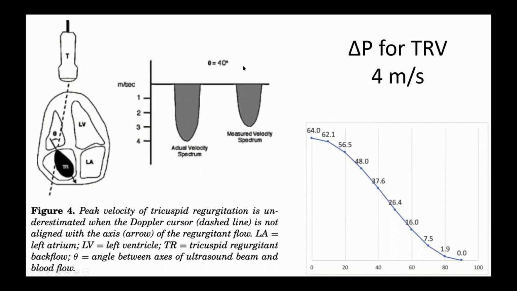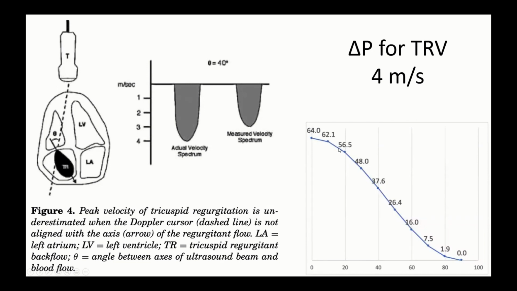And if you look at the cosine of theta, or the graph of cosine theta, for someone who has a tricuspid regurgitant jet velocity of 4 meters per second, if you're exactly in line with the regurgitant jet, so theta is 0, then you're going to measure the transvalvular gradient to be 64 millimeters of mercury.